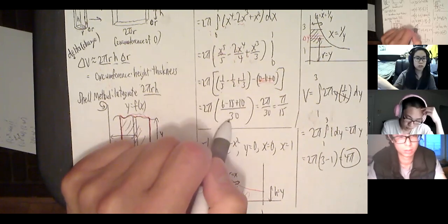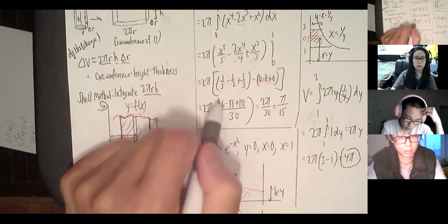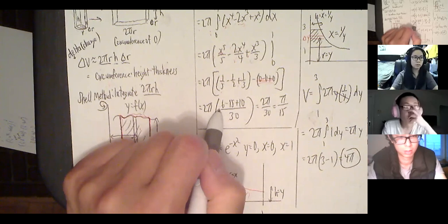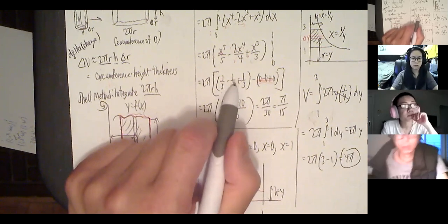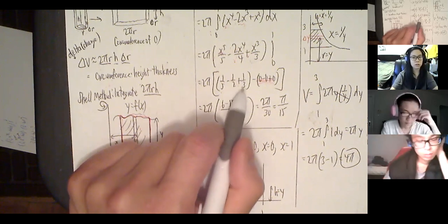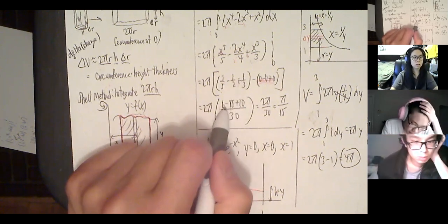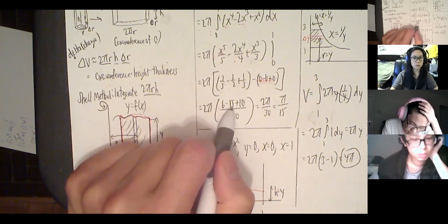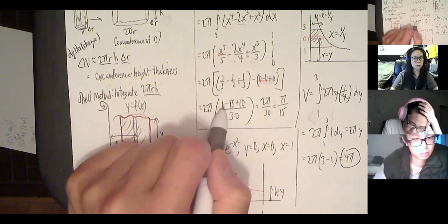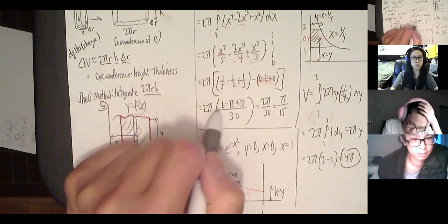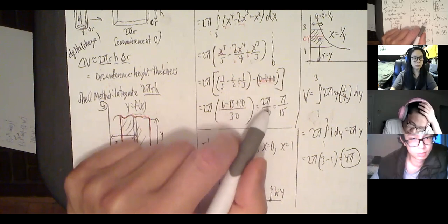Common denominator is 30. So I'll multiply by 6 over 6, right? Multiply this one by 15 over 15. Multiply this one by 10 over 10. So 6 minus 15 plus 10. Okay, and that comes out to be 1, doesn't it? 6 plus 10 is 16. Minus 15 is 1. So it's 2 pi over 30. So final answer is pi over 15.